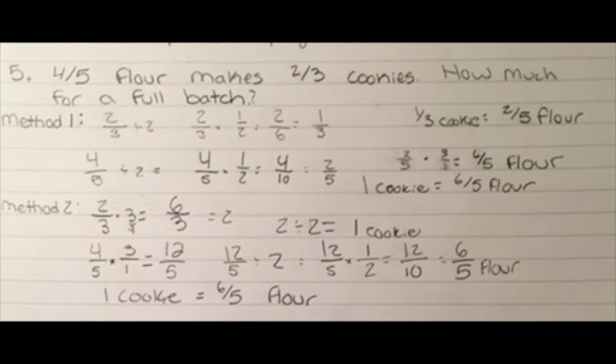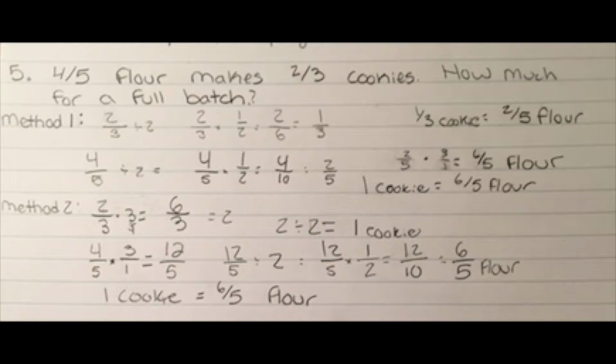Then I did the same thing for 4/5, and once again I already knew it was going to be 2/5, but I wanted to show it. So 4/5 times 1/2 equals 4/10, and then you simplify that to 2/5. So that gave me that if there is 1/3 cookie, you would need 2/5 flour.